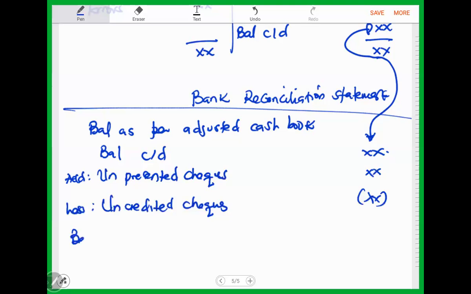Oh, before I get balance, I can also expect some error here, which can be a plus or a minus. And then we can have the balance as per bank statement.